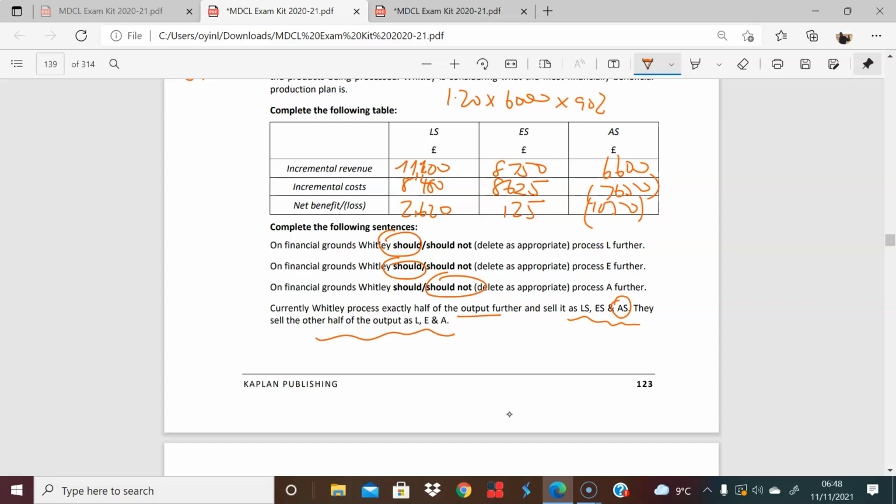But the reason you're doing this means that you must have demand, as your current approach is a half split off of LE and A, and then LS, ES, and AS. So certainly you're going to make some customers, the ones who demanded AS, unhappy. That's the first thing.